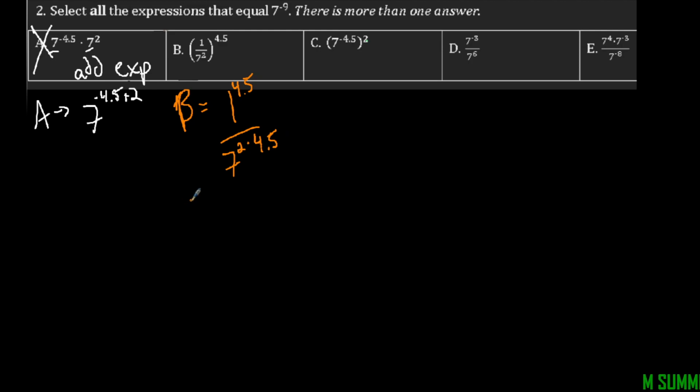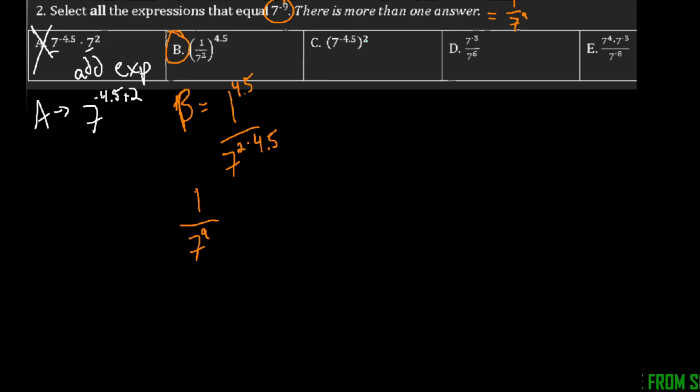And so if we had this out, again, 1 to any power is still just 1. And then we have 2 times 4.5, which is going to be 7 to the 9th power. But make sure you're looking at that original value. Again, that's going to be equal to 1 over 7 to the 9th. Again, anytime you have that exponent, it's like we have a small number, or you can move it to the denominator. Either way works. So we're going to say B is going to be good for that one.